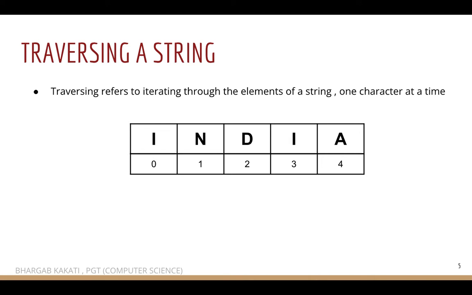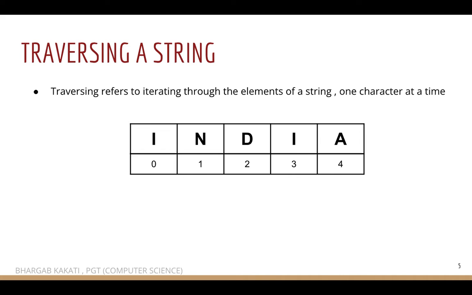I am talking about the forward index of the string. Now if I visit the first character, that is I, then the second character, followed by the third, followed by the fourth, and finally the fifth character. Here I am visiting each and every element of the string one character at a time. This is known as the concept of traversing a string.